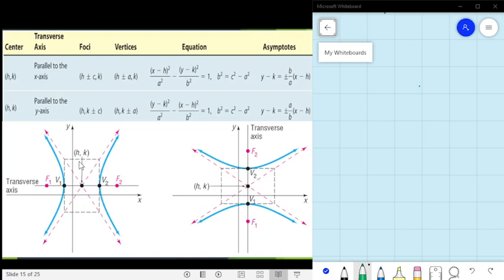We have the co-vertices, and then after that you are going to draw the auxiliary rectangle, and then we have the asymptotes.